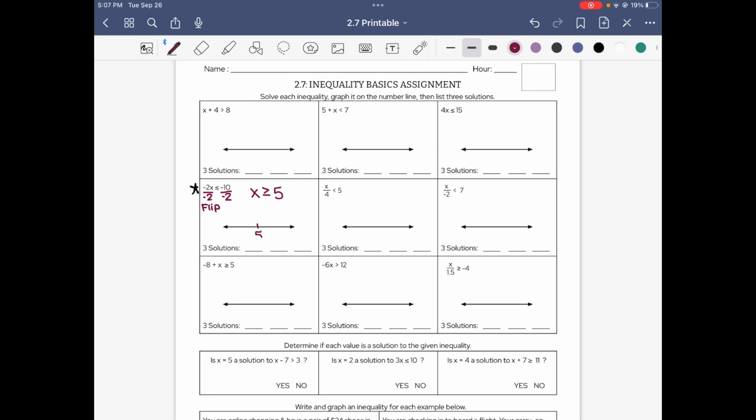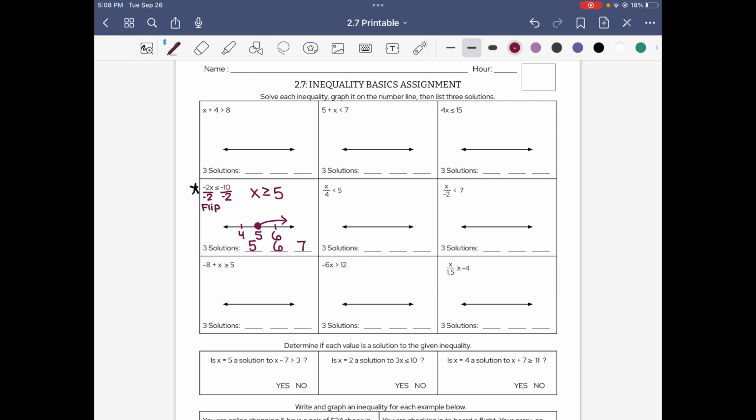Here's your 5 in the middle. This would go like 4, 5, 6. And since that's got the or equal to line underneath, you would draw a closed circle and shade it in the greater than direction. So 3 solutions could be the number 5 itself, since it's a closed circle, or you could go with the number 6, or you could go with the number 7.